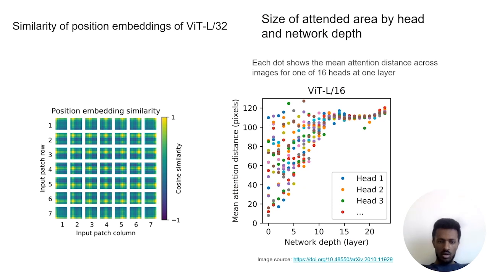On the left side of the graph, we can see the similarity of the positional embeddings. Using similarity methods such as cosine similarity, we can calculate the similarity between the positional embeddings. So the input patches here and the input patch columns here. Using this, we can create a graph and a matrix, and this visualization can help us understand how the model perceives a relationship between the sequence of positions.